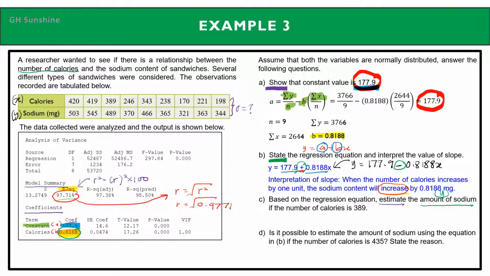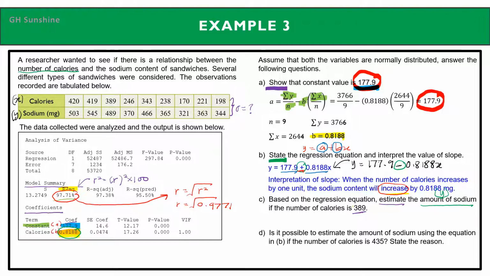Question C. Based on the regression equation, estimate the amount of sodium if the number of calories is 389. So, given x, you can estimate the value of y.